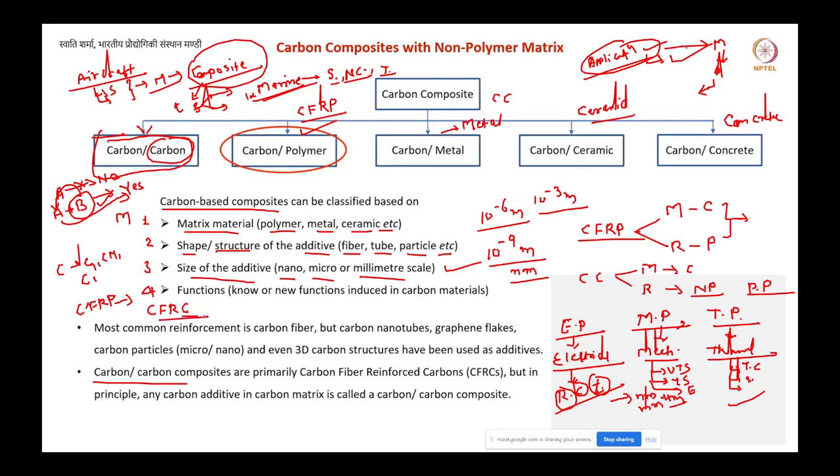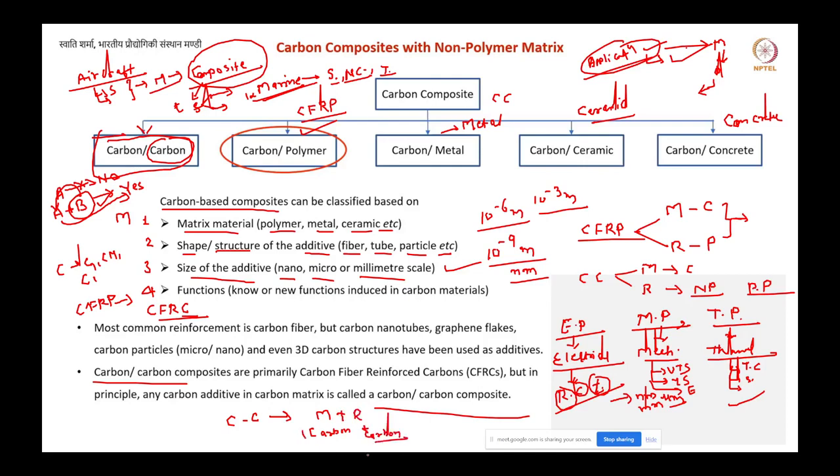But in principle, any carbon additive in a carbon matrix is called a carbon-carbon composite. It's the same thing I was saying: your matrix is itself a carbon material and your reinforcement is also a carbon material.